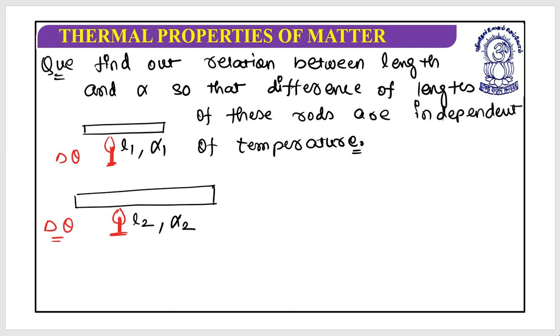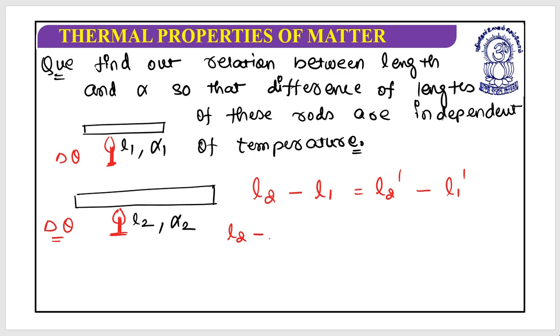Let's understand this. They want L2 minus L1 to be equal to L2 dash minus L1 dash. This was at the initial temperature and this is the situation after the temperature has been raised.